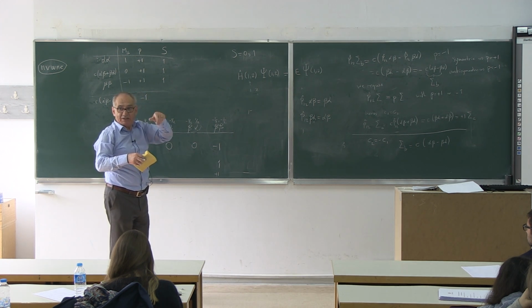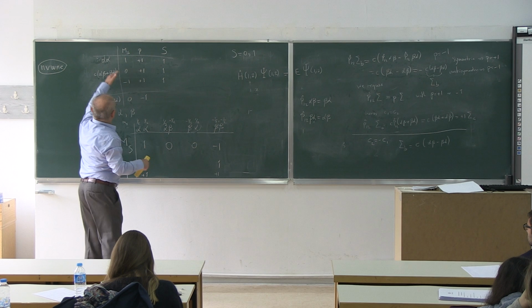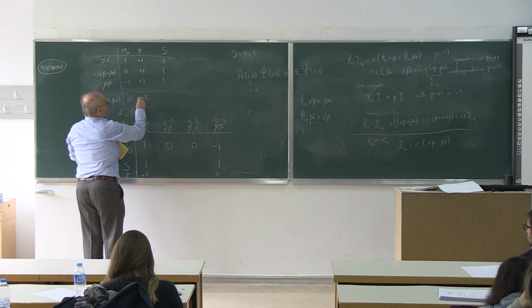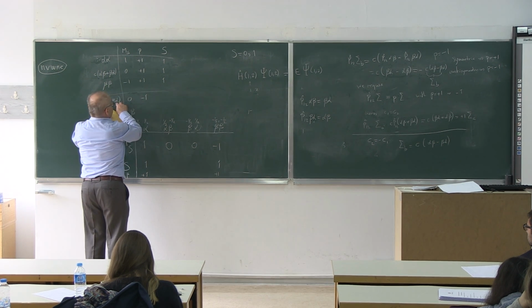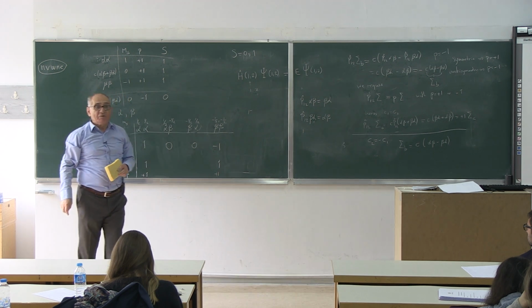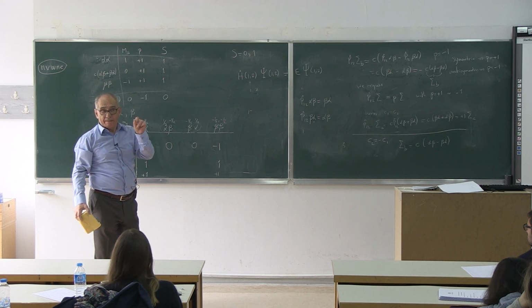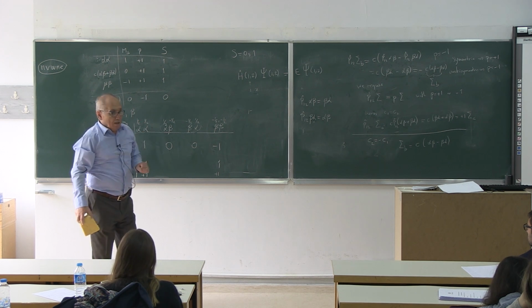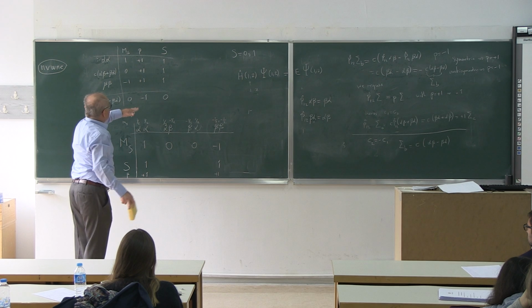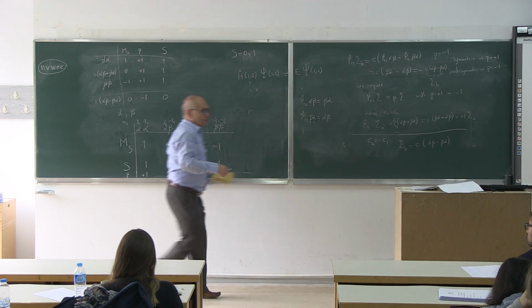Because if S equals 1, there must be 2 times S plus 1 different spin functions. Here they are these functions. Then I conclude that this function here must be an eigenfunction of S square with S equals 0. All right, these are the spin functions.